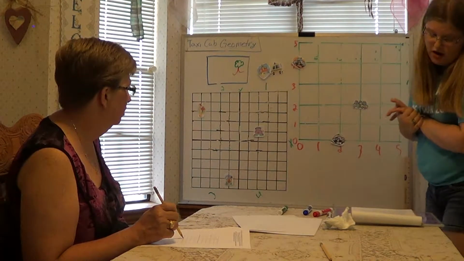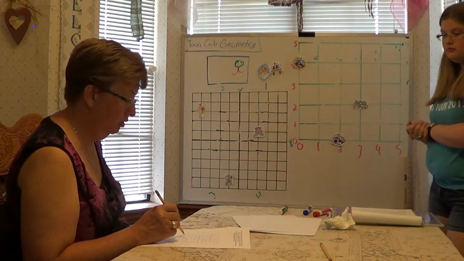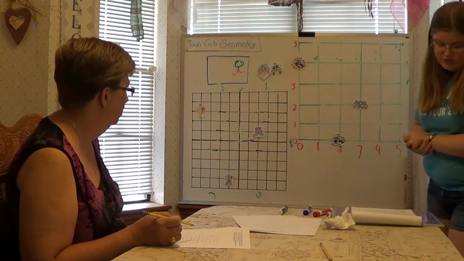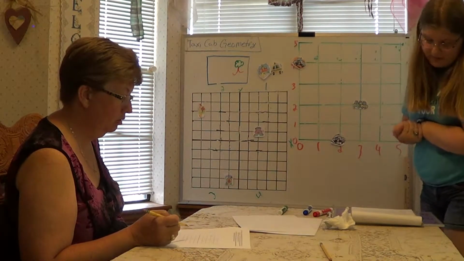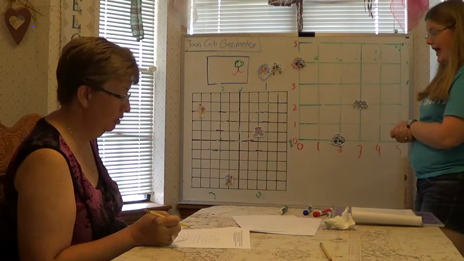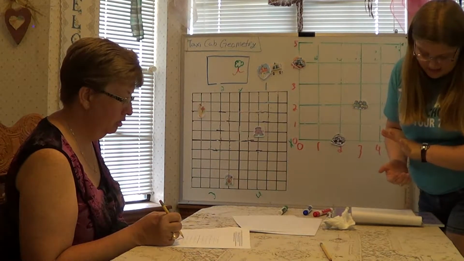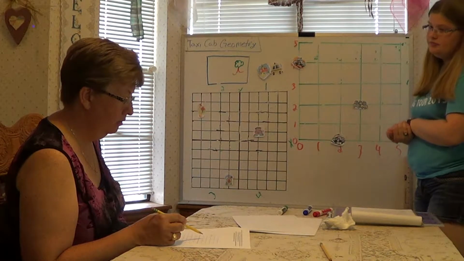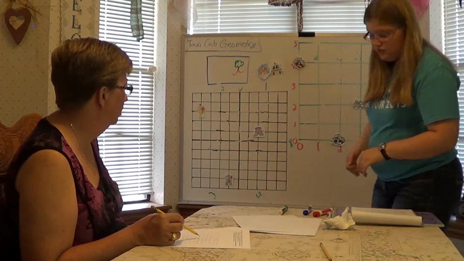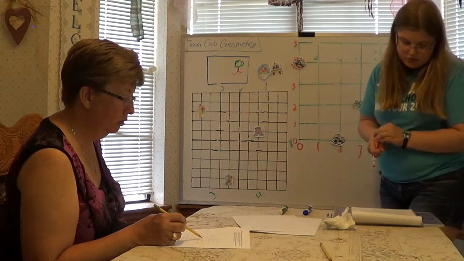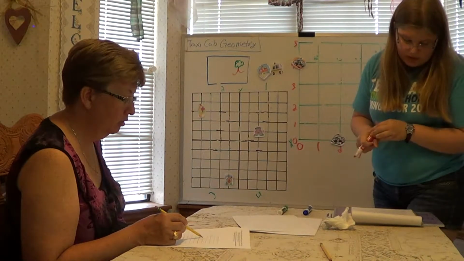Okay, so how far away are Harding and Fillmore? 1, 2, 3, 4, 5, 6, 7, 8, 9, 10 blocks. Right, so the district boundary between Fillmore and Grant should lie about how many blocks from each school? About 4. Right, so district boundaries should be about 4 blocks.